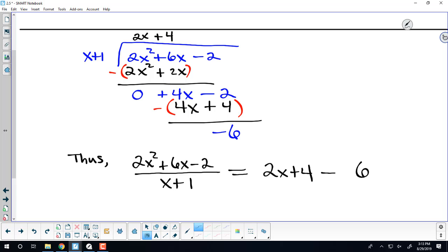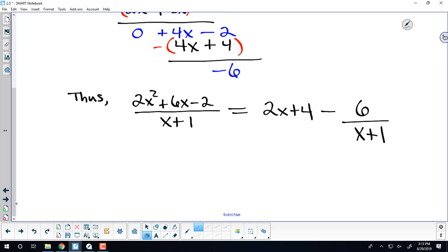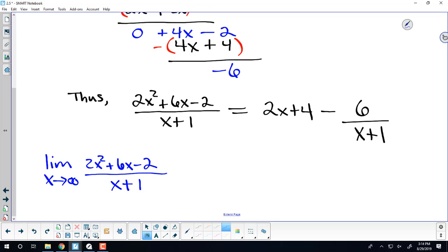Yep, very good, 6 over x plus 1. Okay, so what? Big deal, right? Well, back to the limit. What that means is that the limit as x approaches infinity of 2x squared plus 6x minus 2 all over x plus 1, we now know that function is equivalent to this one over here, so let's rewrite it as such.